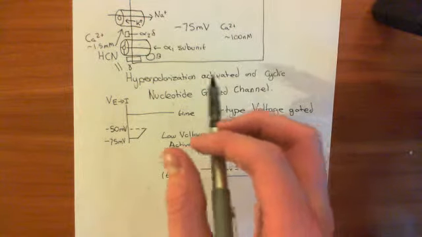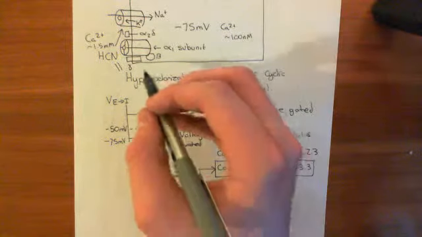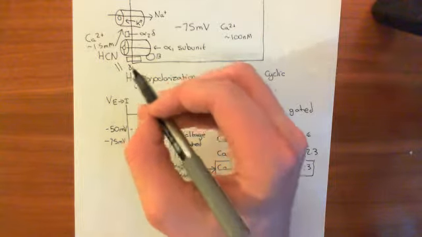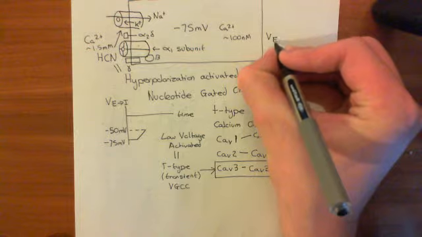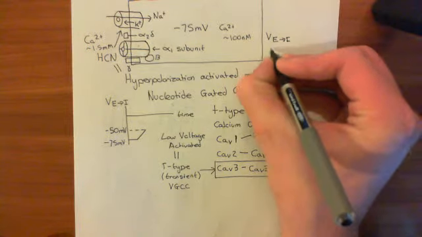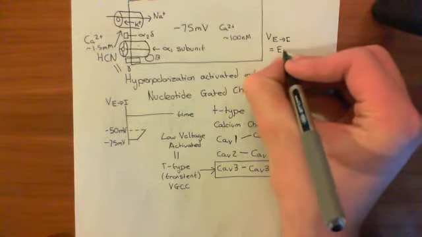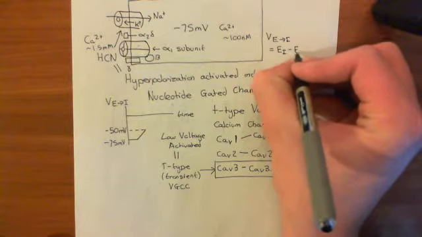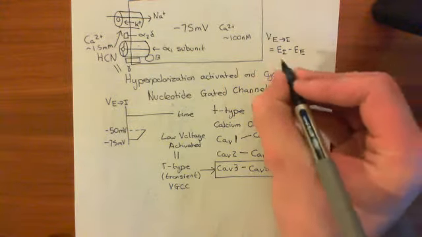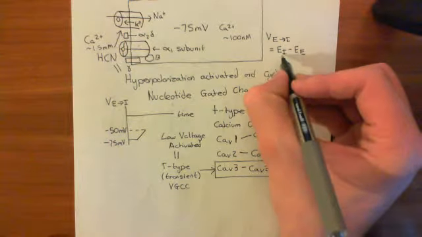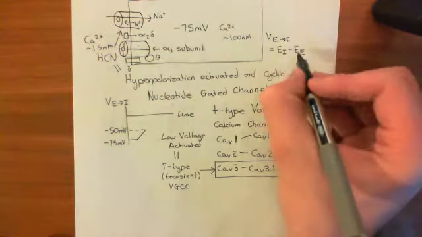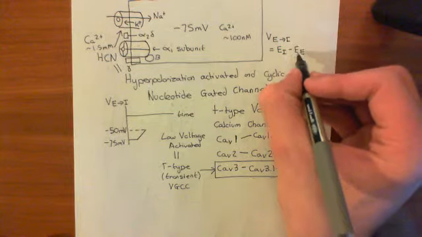So you're going to raise the electrical potential of the intracellular compartment and reduce the electrical potential of the extracellular compartment. So that's overall going to mean that the electrical potential difference from the extracellular to the intracellular compartment, which is the electrical potential that you measure in the intracellular compartment minus the electrical potential that you measure in the extracellular compartment, is going to go up, because this one is getting higher because you're moving the calcium in, and this one is getting lower because you're moving the calcium out.